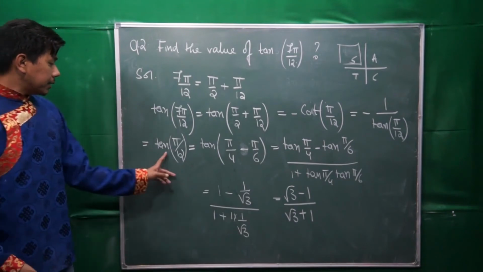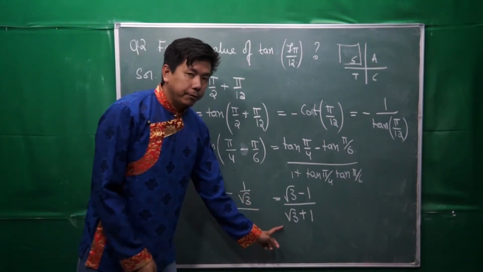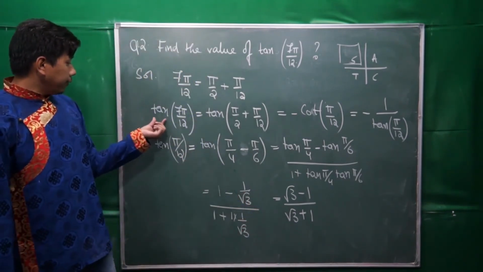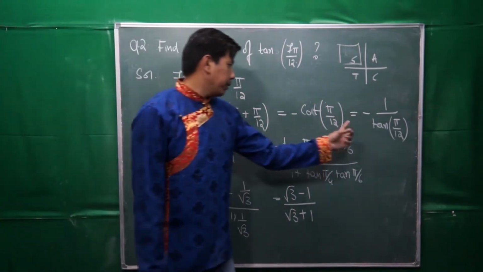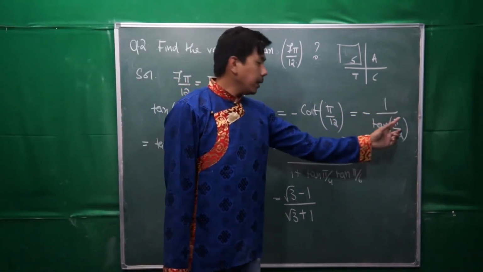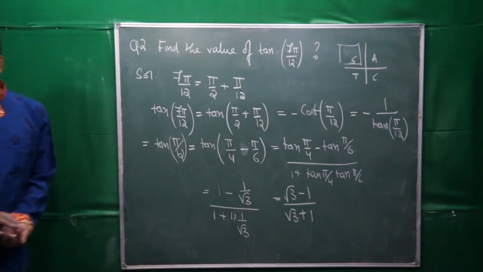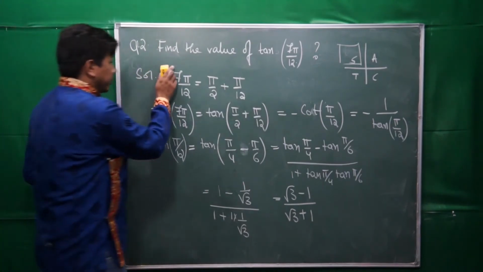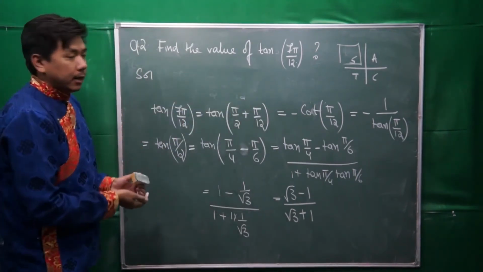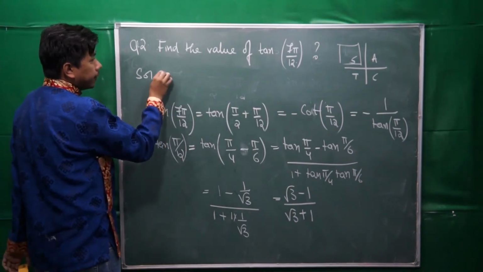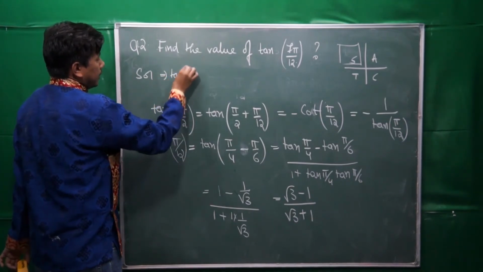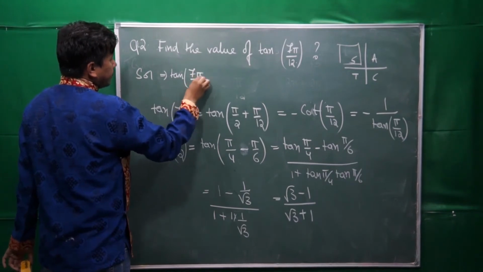Now this is the value of tan pi by 12, but we are trying to find the value of tan 7 pi by 12, which is equal to negative 1 upon tan pi by 12. So what is the value of tan 7 pi by 12?